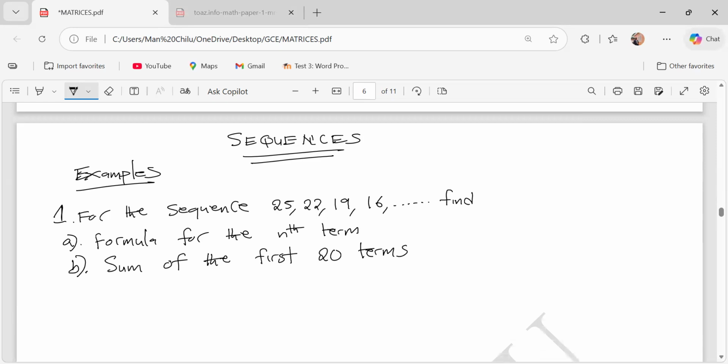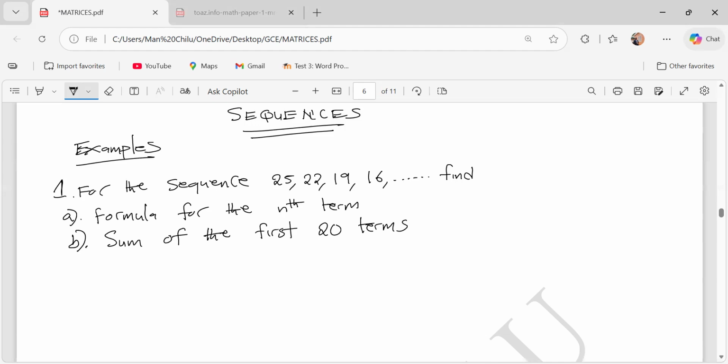So the first thing we do is to find the common difference. That's the first thing to do. We have to determine the common difference. Common difference is simply equal to term 2 minus term 1.